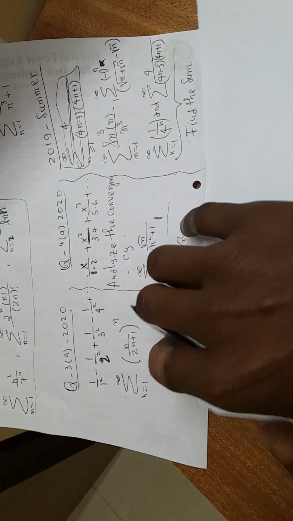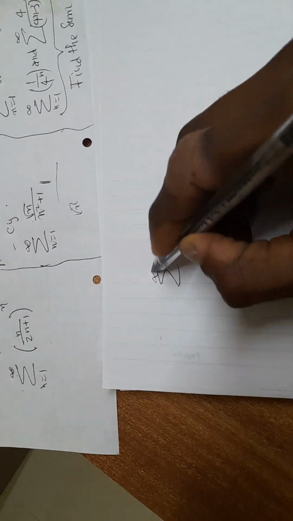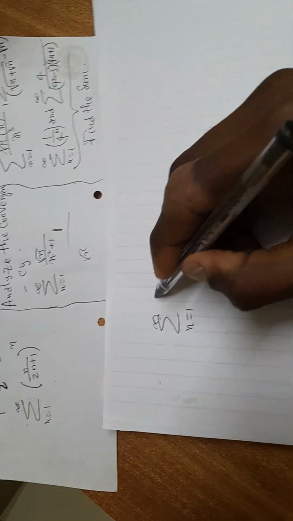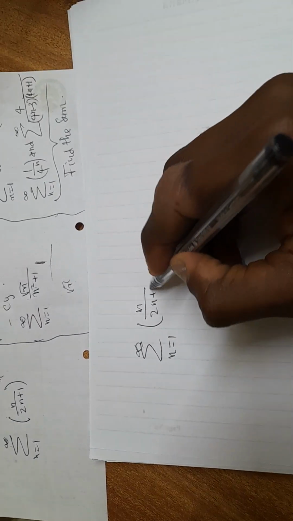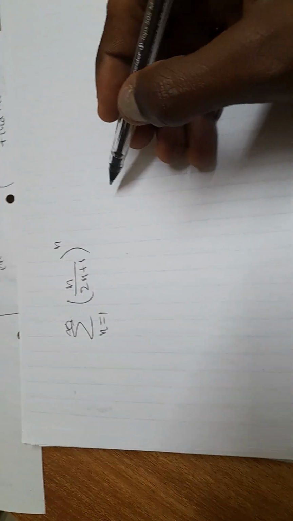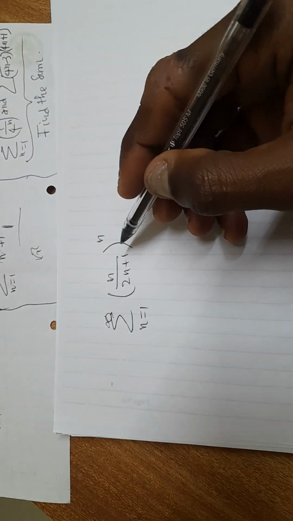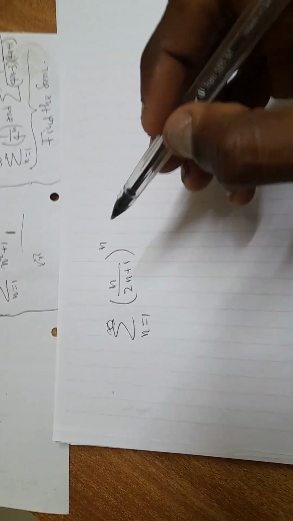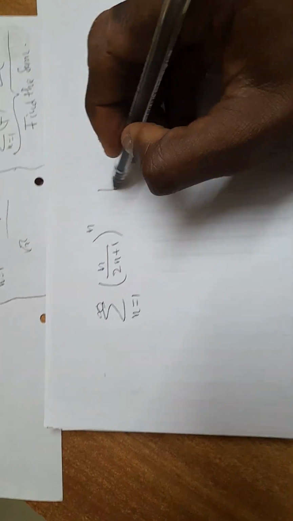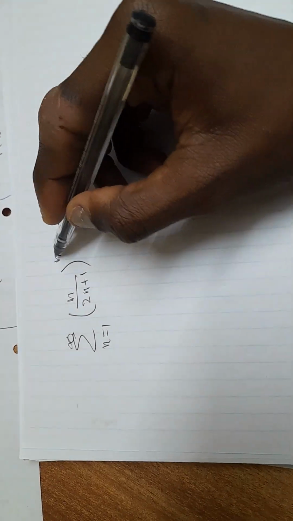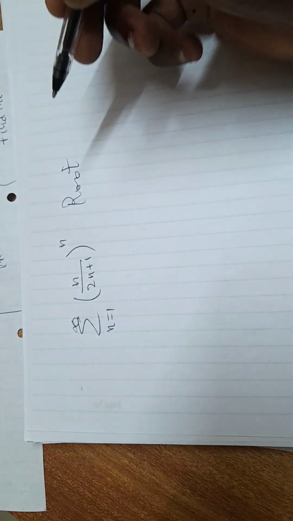What is the next? This one. Here we have n goes from 1, and this is n to the power n plus 1. Just by seeing, you can understand that this can be solved directly by applying the root test, because this is a root. Just put the root here, this limit will be easy.